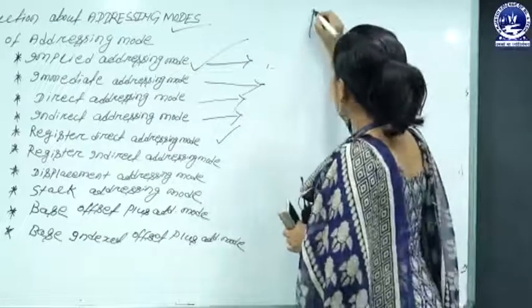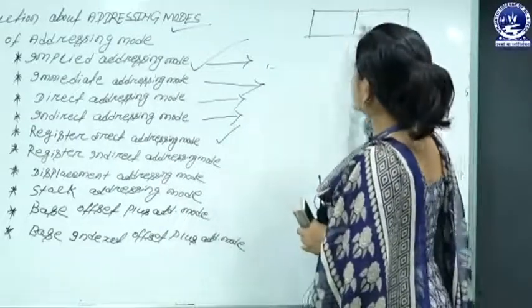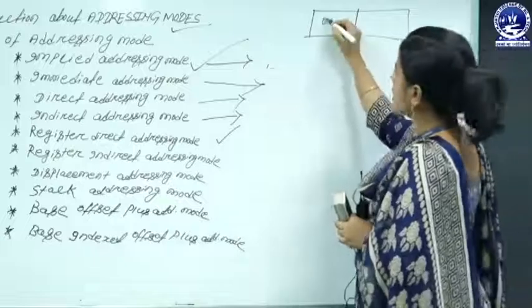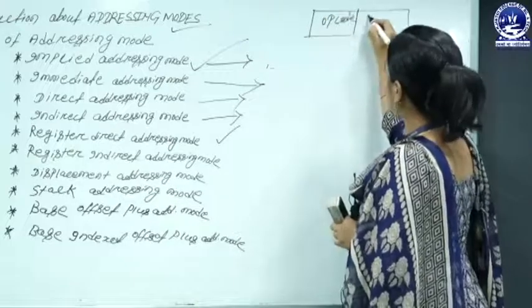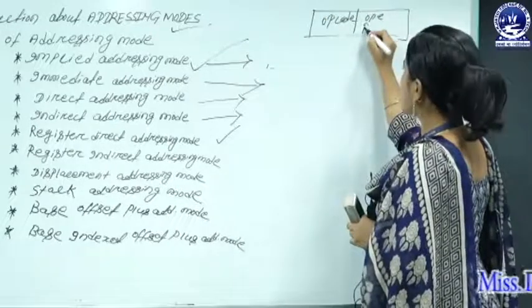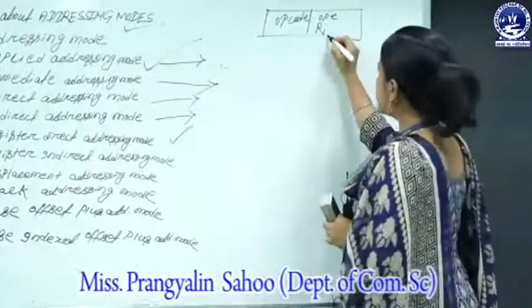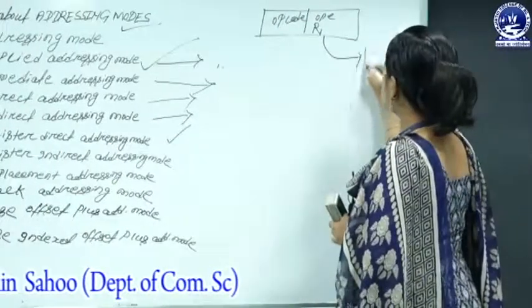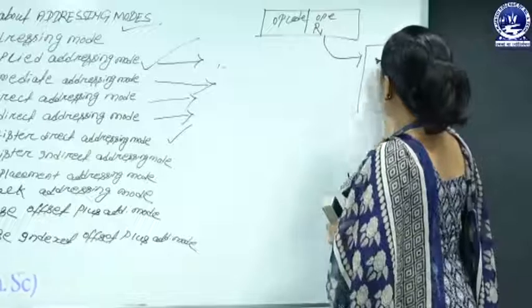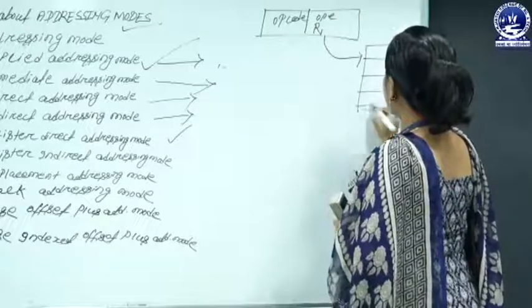That means the instruction field consists of two elements. One is the opcode and another one is the operand, which holds the register name where the operand is stored. Then the register is mapped to the register set location where the given data value is located.